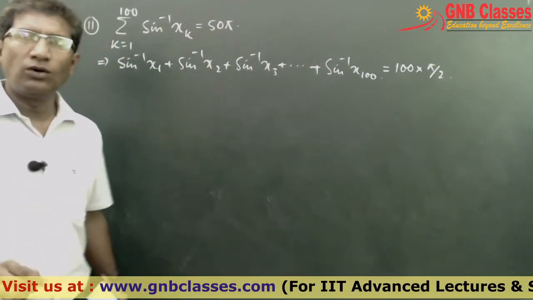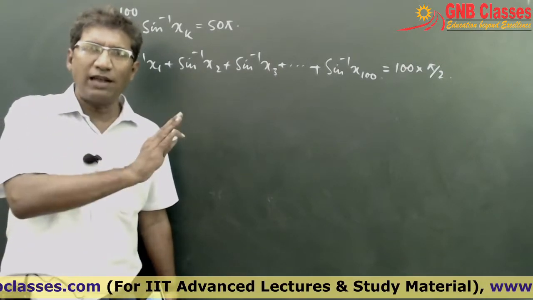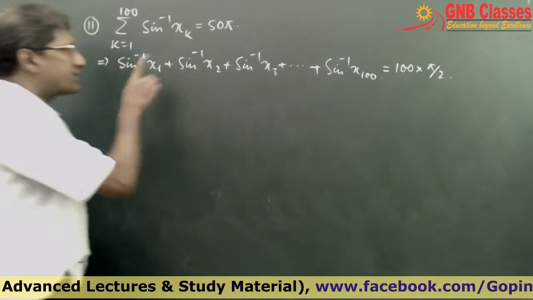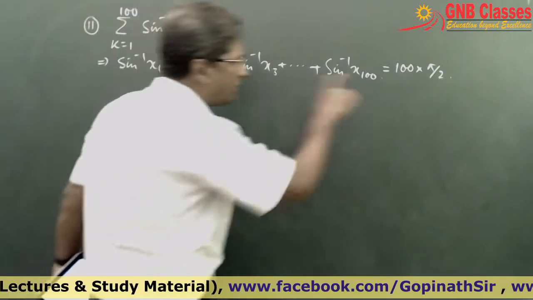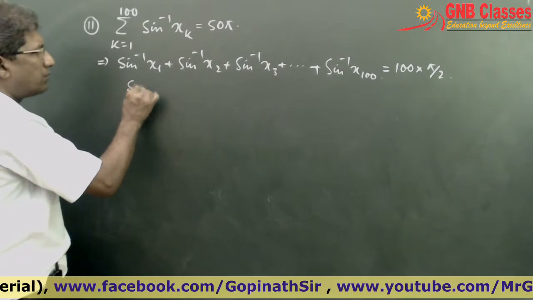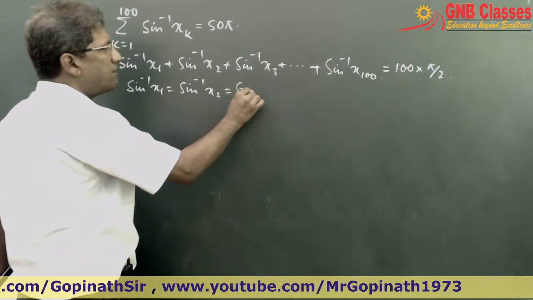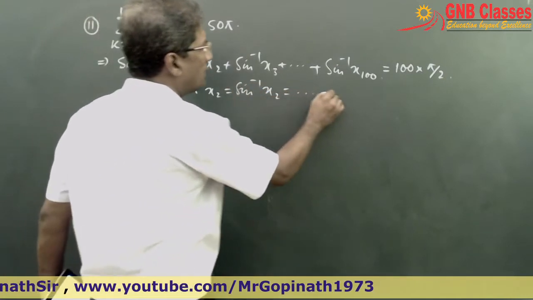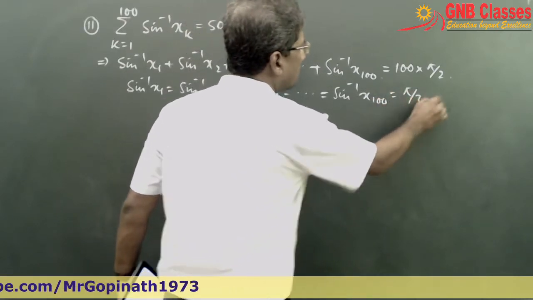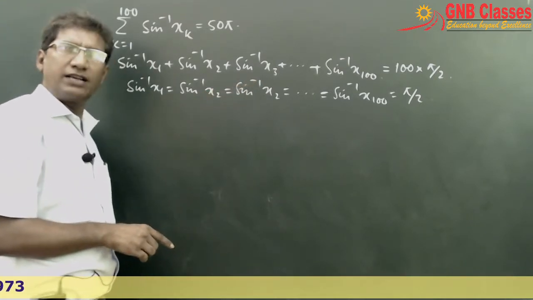Now we all know that the maximum value of sine inverse x is pi by 2 and the minimum value is minus pi by 2. Now when you have added 100 sine inverse x and the value is coming to 100 into pi by 2, that is 50 pi, this is only possible when each of them is equal to pi by 2.